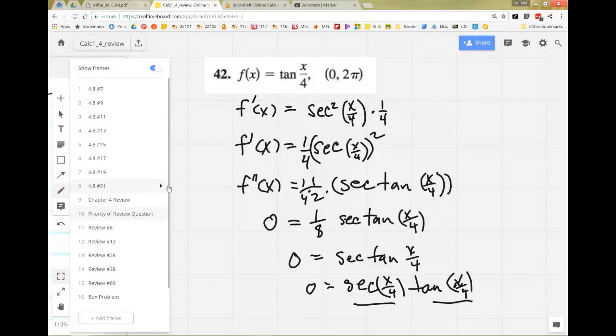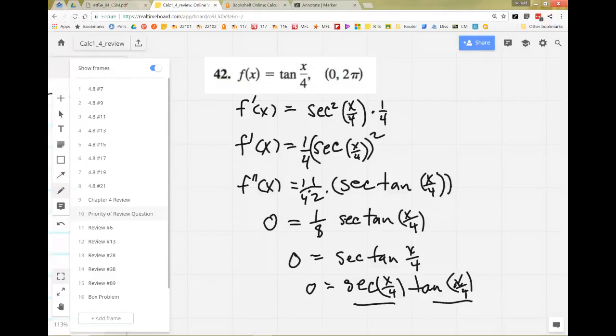Yeah, not that 0 is the reciprocal of undefined, but so when will the cosine of an angle, hang on a minute. I gotta just think here. Secant of x over 4, when will that be 0? It never will be. And the reason is the cosine is never undefined. It's always between 1 and -1. So that doesn't give us anything.